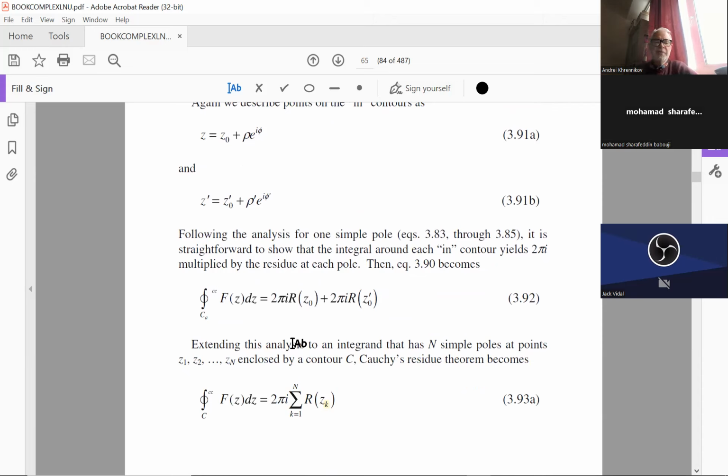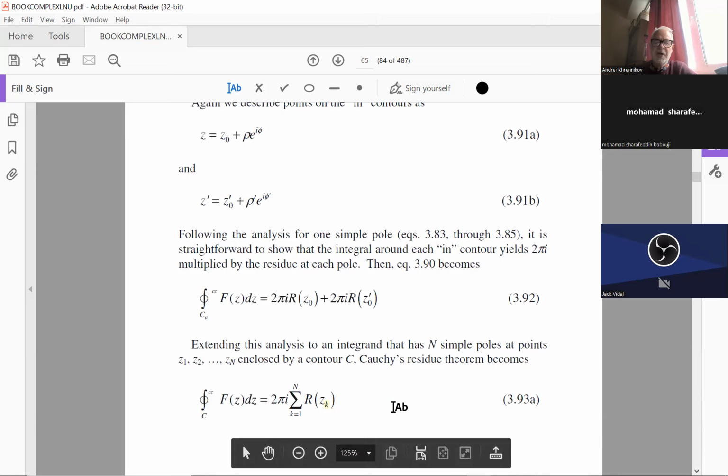If you have, for example, two poles inside some contour, then to calculate this integral counterclockwise, in this direction, it would be the residue at this point plus the residue at another point. If it is clockwise, it would be with a minus sign.